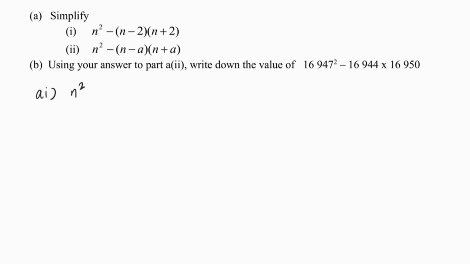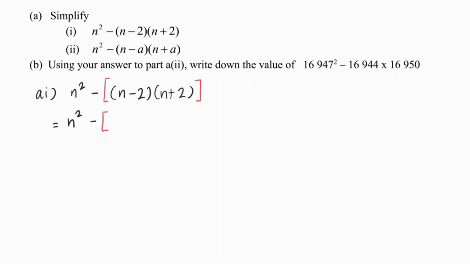So n square minus (n minus 2)(n plus 2). At this point, it is a very good habit or practice to write a square bracket for the n minus 2 times n plus 2, because when we expand and simplify, we actually expand and simplify this first.